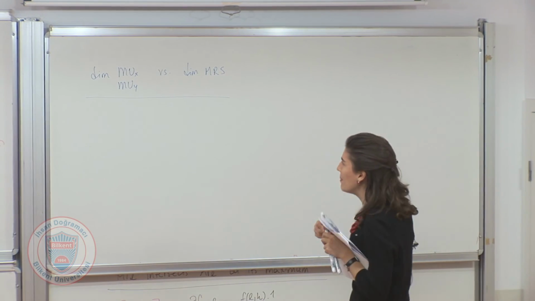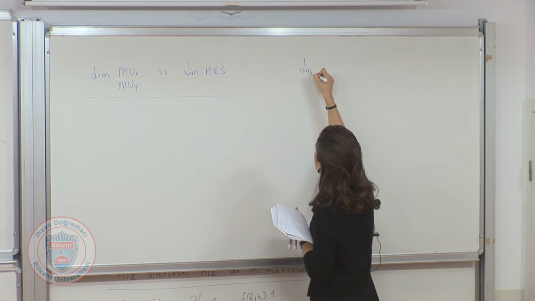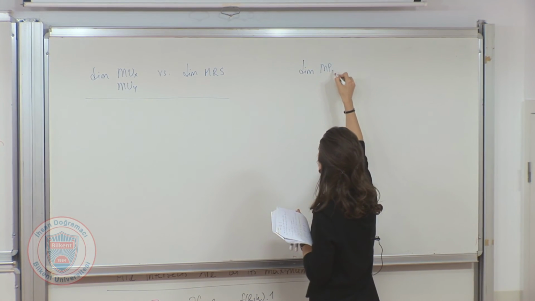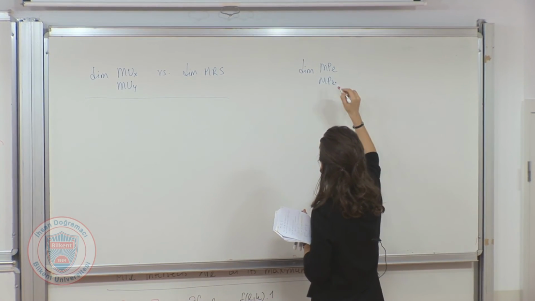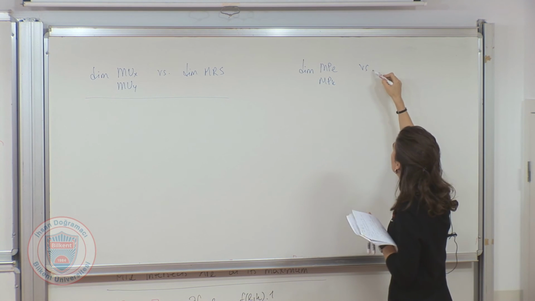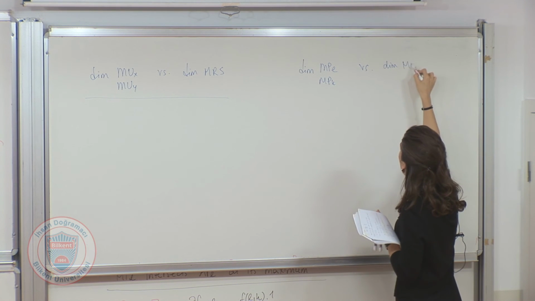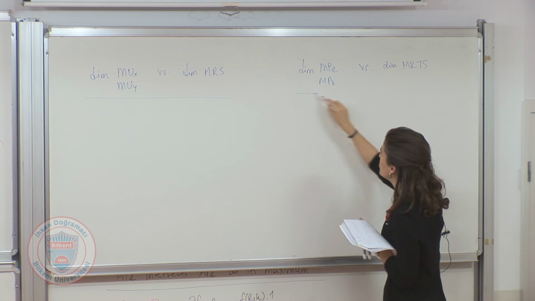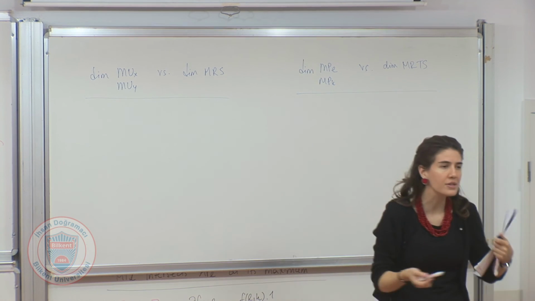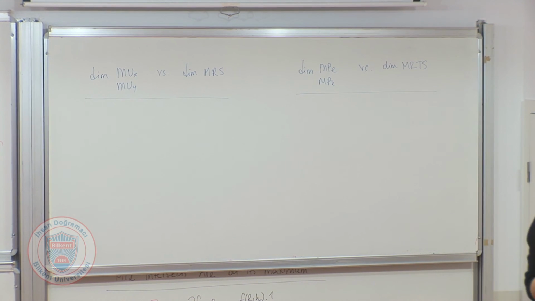Similar logic applies here. Diminishing marginal product of labor and diminishing marginal product of capital versus diminishing marginal rate of technical substitution. These are not the same; one does not need to bring the other, okay?